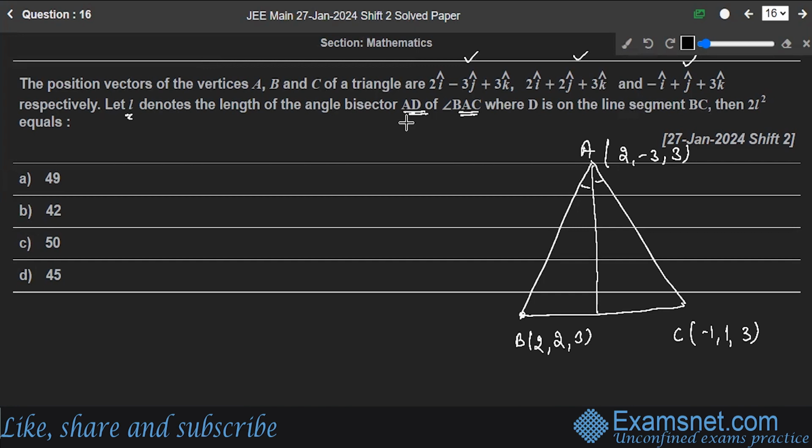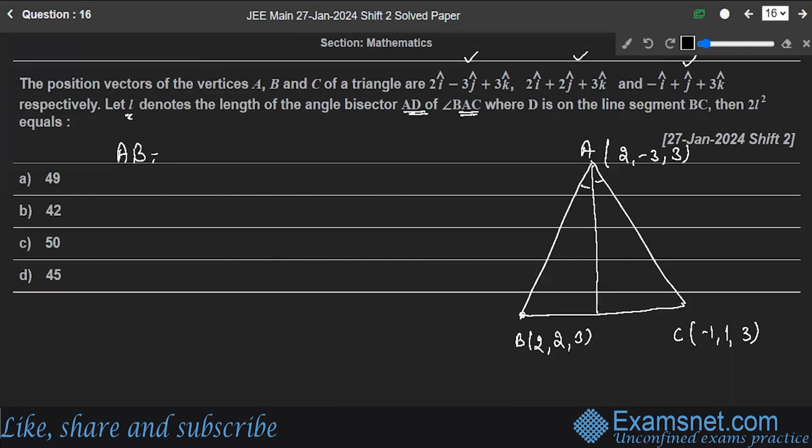Let L denote the length of the angle bisector AD, where D is on the line segment BC, then 2L square is equal to... Okay. Triangle. Let's say AB. What is the length of AB? That will be root of 2 minus 2, 0 square, plus 2 plus 3 square, 3 minus 3 square.